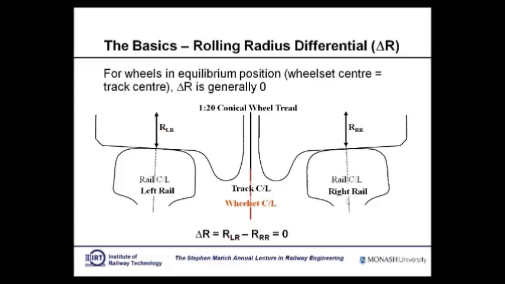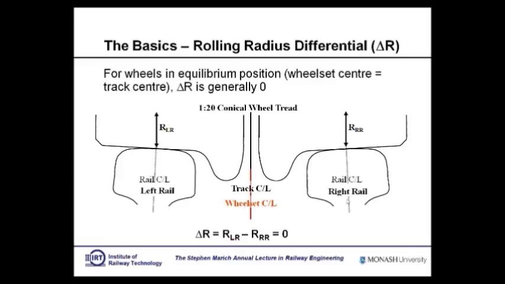Now you have the rolling radius differential, which entails a delta for the differential. It is the difference between one radius at the contact point on the wheel, less the other radius on the other rail at the contact point. When you have a lovely new wheel set and brand new rail, and you manage to get that wheel set right at the center line of the track, so your track center line is the same as the wheel set center line, obviously the rolling radius differential is 0.